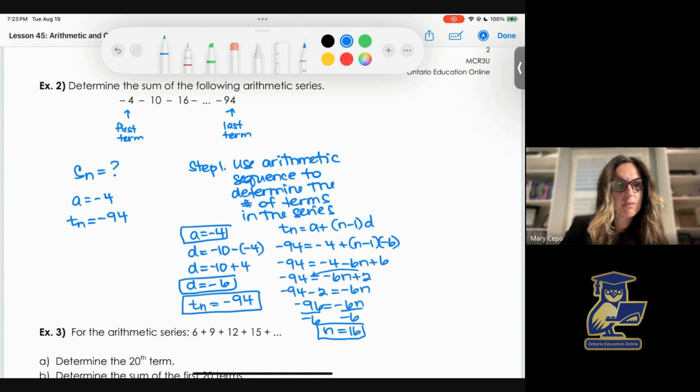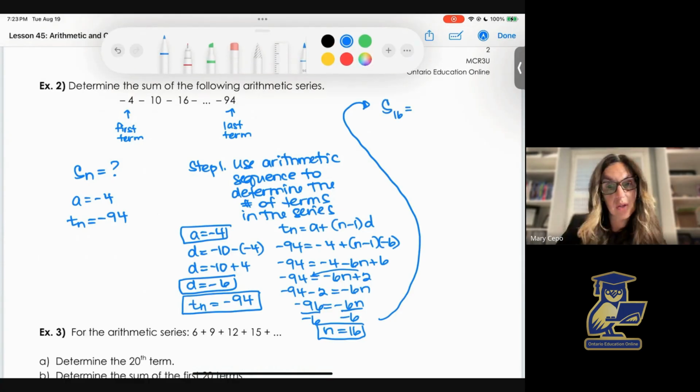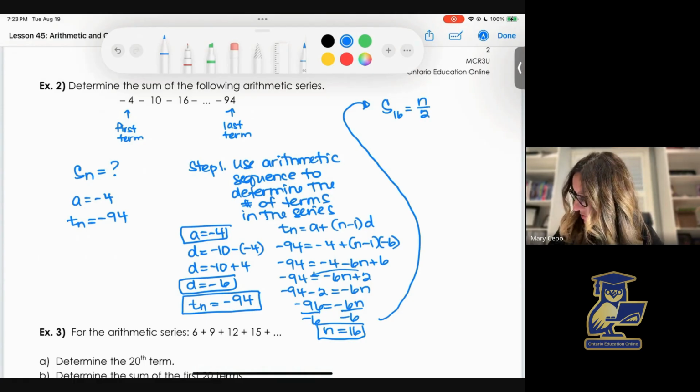Okay, so now we know how many terms we have. We're then going to use that to figure out the sum. So the sum of the first 16 terms, again, we can use the modified version because we are given the first term and the last term. So we can say n divided by 2, a plus Tn.